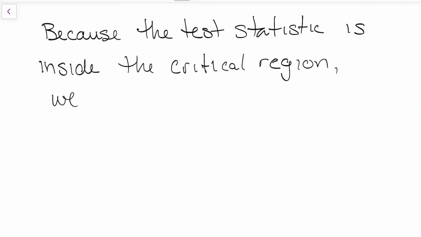So our final conclusion: because the test statistic is inside the critical region, we can reject the null hypothesis, H sub 0. There is sufficient evidence to support the alternative hypothesis that the internal body temperature of the average adult is not 98.6 degrees.